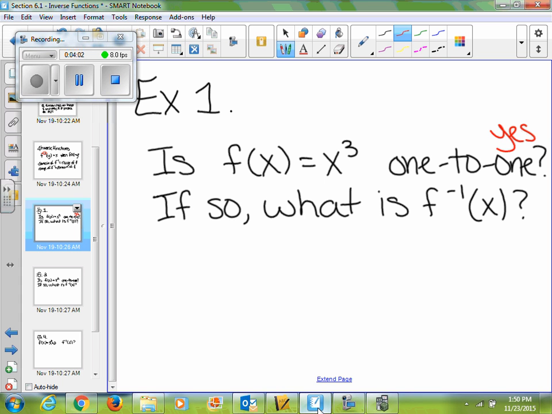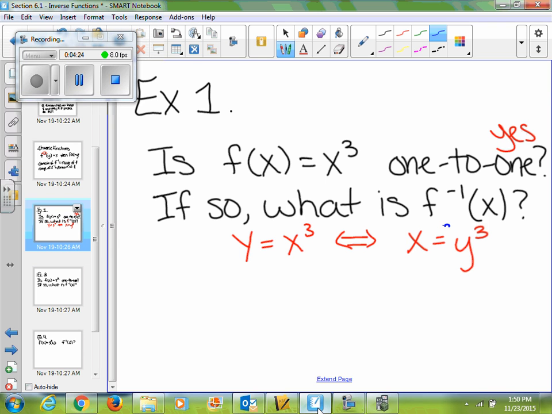And the way to find your inverse is to switch your x and y. So if I'm given the equation y equals x cubed, then to find my inverse, I'm going to change that to x equals y cubed, and I need to solve it for y. So how would I solve this for y?